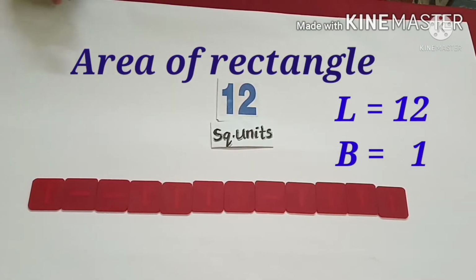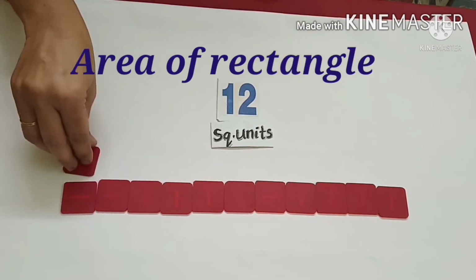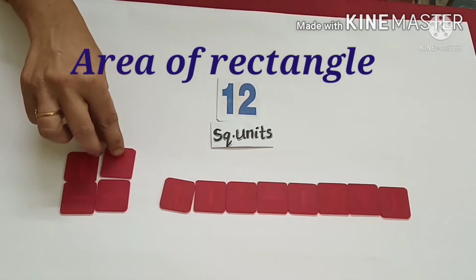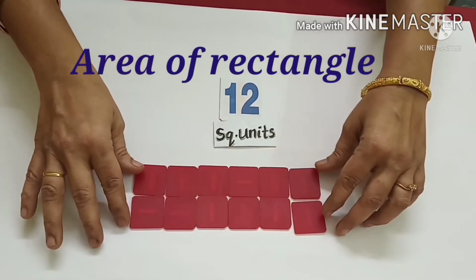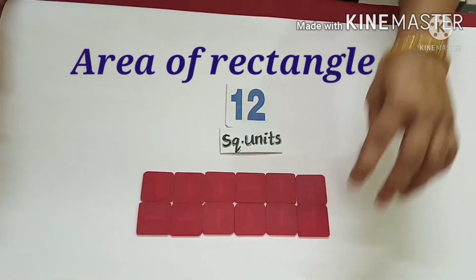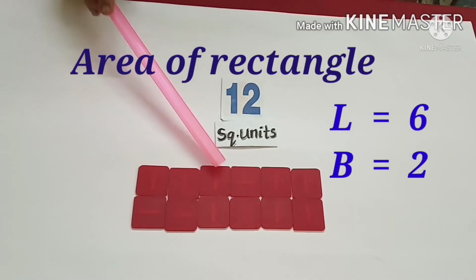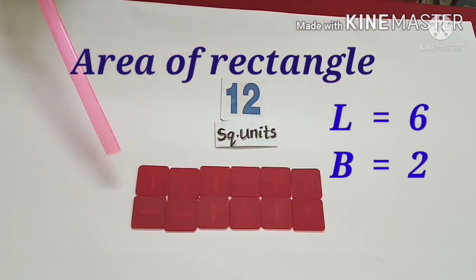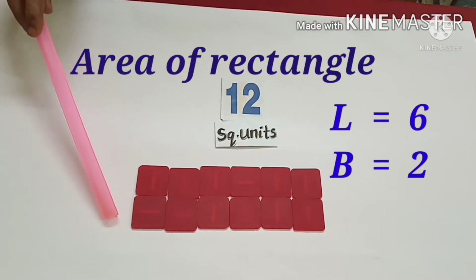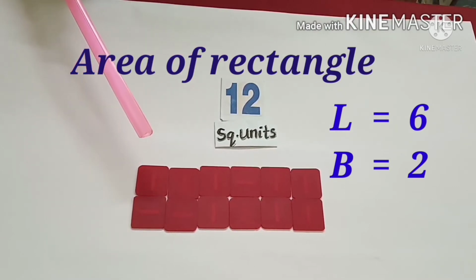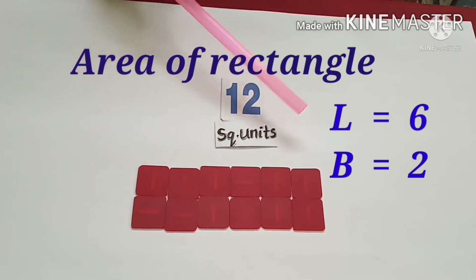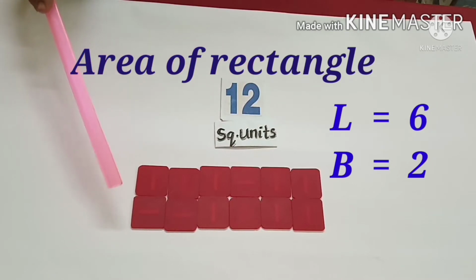The second dimension I am going to find. Now length is 1, 2, 3, 4, 5, 6. Breadth is 1, 2. So the second dimension is length equal to 6, breadth equal to 2.